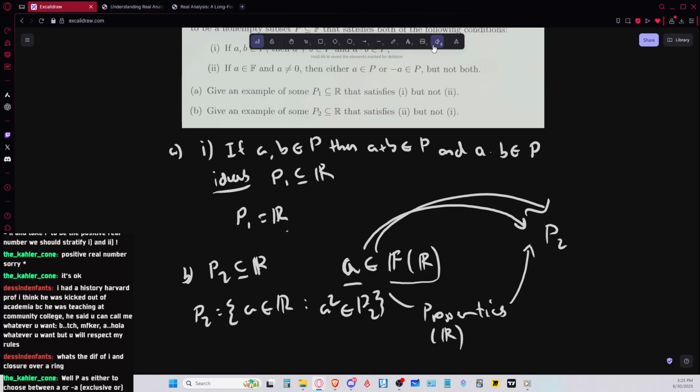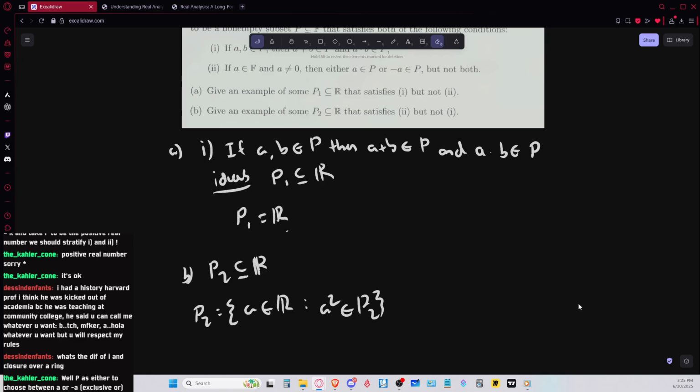Actually, I should erase this mind map I had. It's not really necessary in here. Because that way, if we have any negative numbers, they will be eliminated by the square.